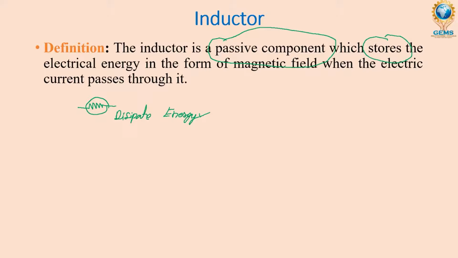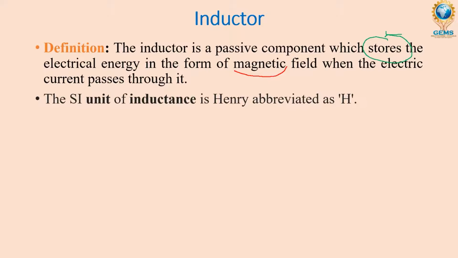When we give some electrical energy, it is going to store it in the form of a magnetic field. An inductor is a storing element. It will store electrical energy in the form of a magnetic field. A resistor is going to dissipate the energy.